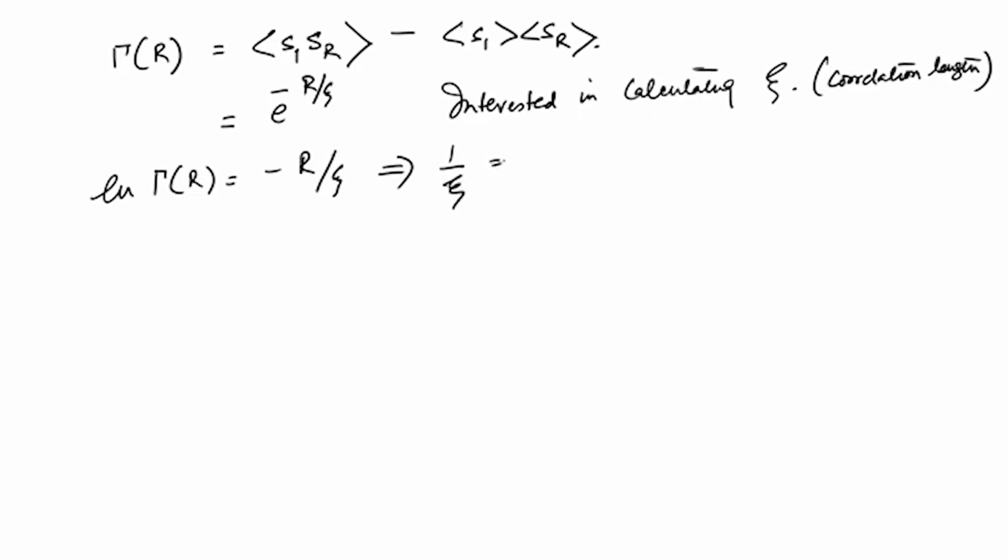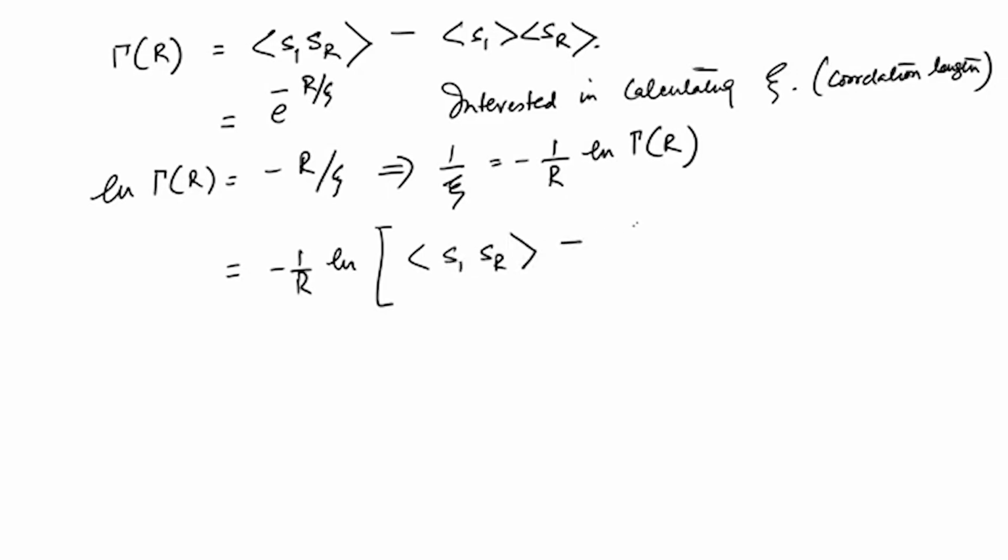So, this is equal to minus 1 over r log of gamma r, which is given in the top line. So, this is minus 1 over r log of S1 SR minus S1 SR, and if you want you can take a mod of that, but it does not matter. So, this is what we have to calculate.